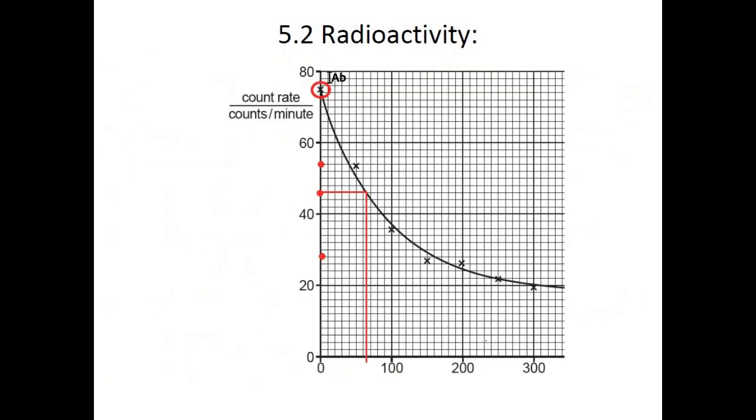This was our original value, then we subtracted 18 from it to correct it, and then we halved it to get 28, and then we added that 18 back to get 46. And then finally we drew a line like this, and then we went down to check the time that it would take for the first half-life to occur.